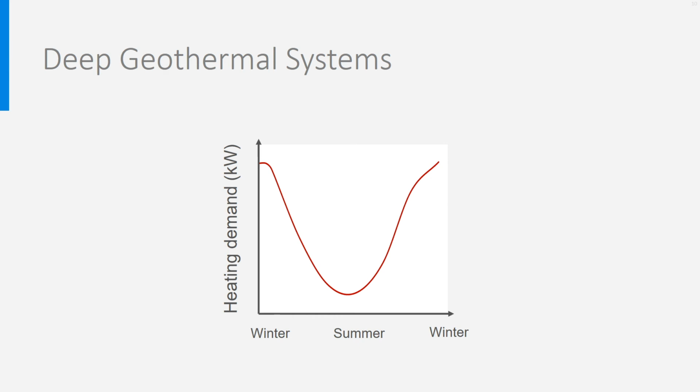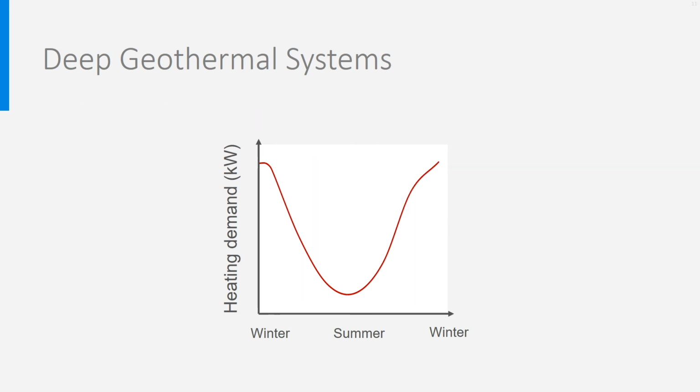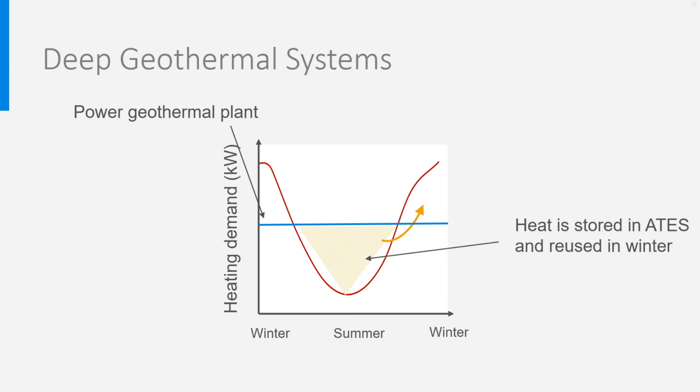If the geothermal plant is designed to produce the maximum needed power, there will be in summer an enormous quantity of heat produced that cannot be used, except if it can be used as heat to power an absorption chiller. That will be treated in another lecture. It is therefore better, in general, to size the geothermal plant smaller and to store the heat produced in summer in an ATES system, for instance, in order to reuse it during winter.